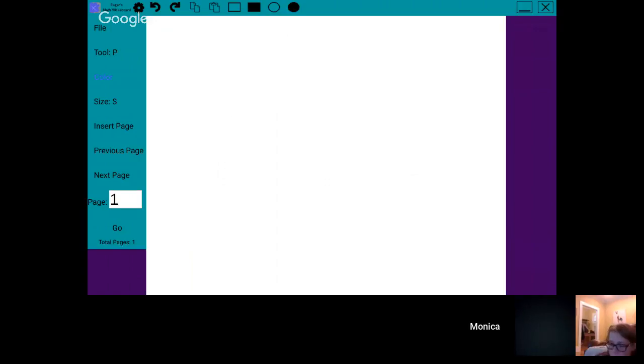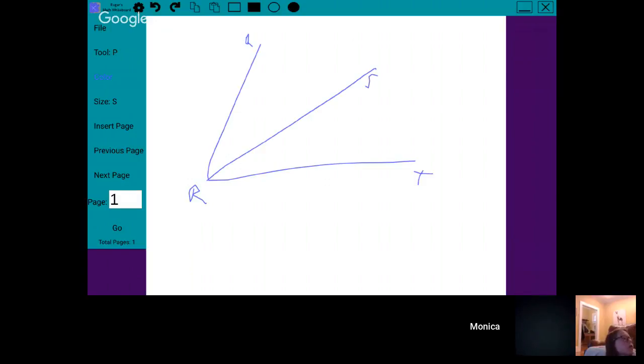What are the measures of QRS and SRT? So we'll draw a picture, okay? We have QRT, and then it says RS bisects, so this is going to be S here.